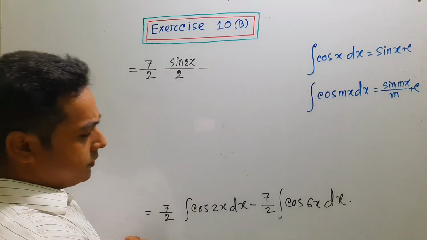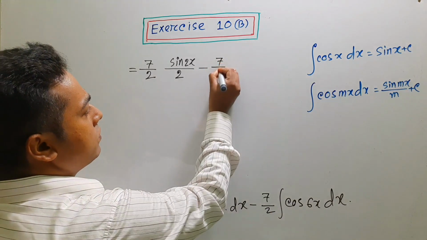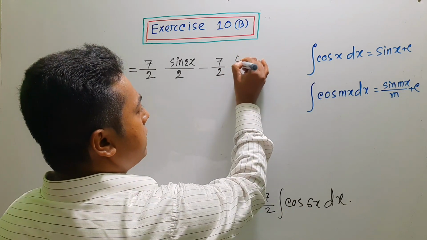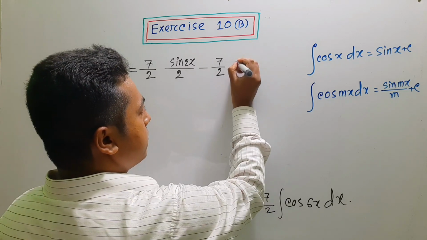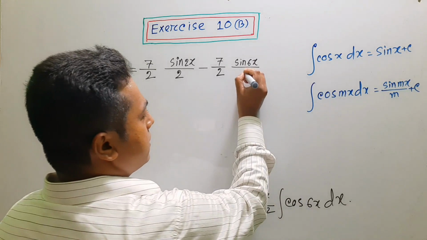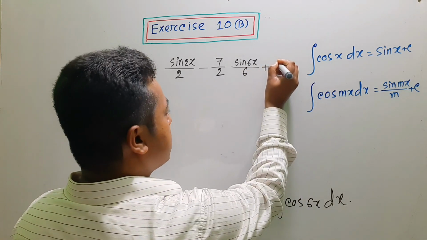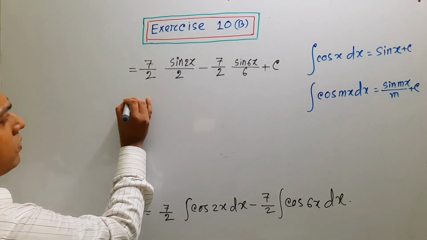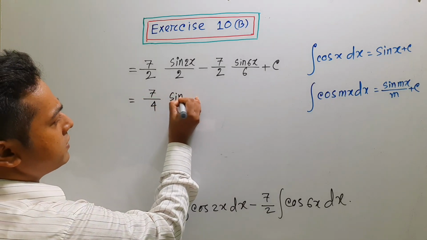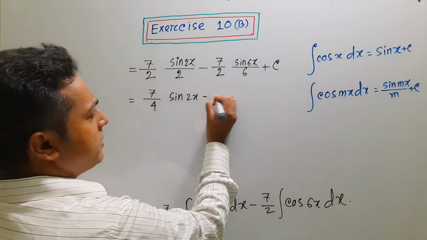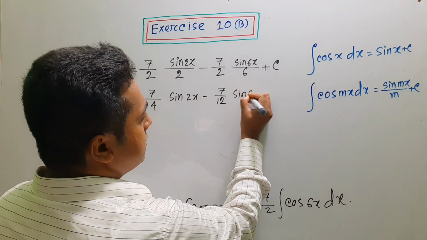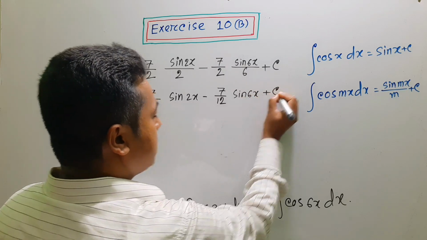Minus 7 by 2 cos 6x is sin 6x divided by 6 plus integral constant c. Okay, we can write it 7 divided by 4 sin 2x minus 7 divided by 12 sin 6x plus c.